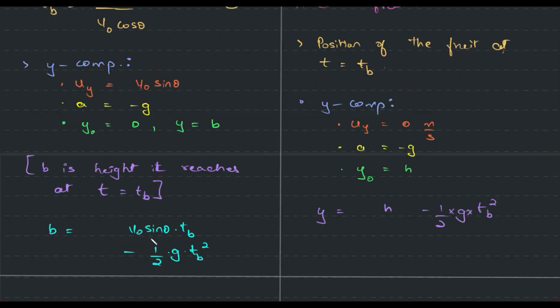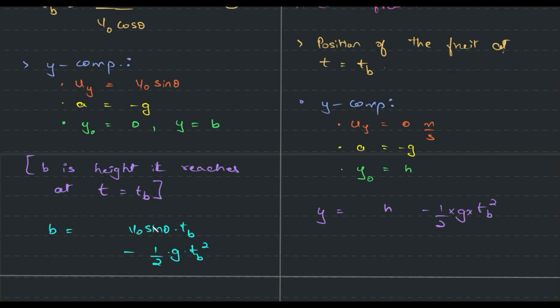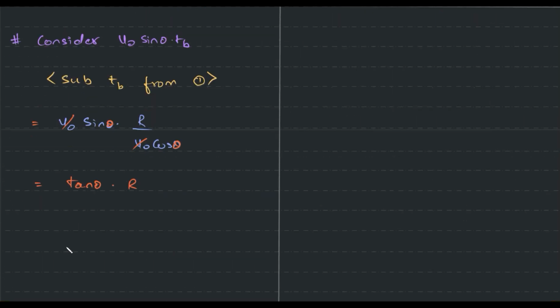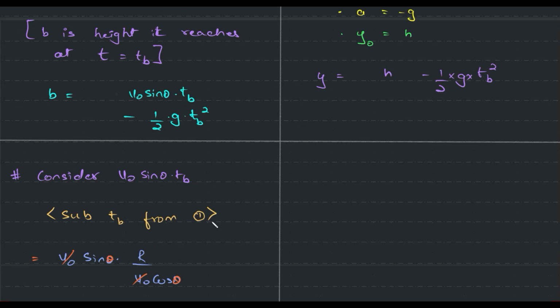And what is tan theta into r, guys? Let's go back to the diagram. R is over here, tan theta is opposite by adjacent, h by r. So let's write h by r. So this is h by r into r. So this and this will get cancelled, and this is equal to h. So we finally proved it.